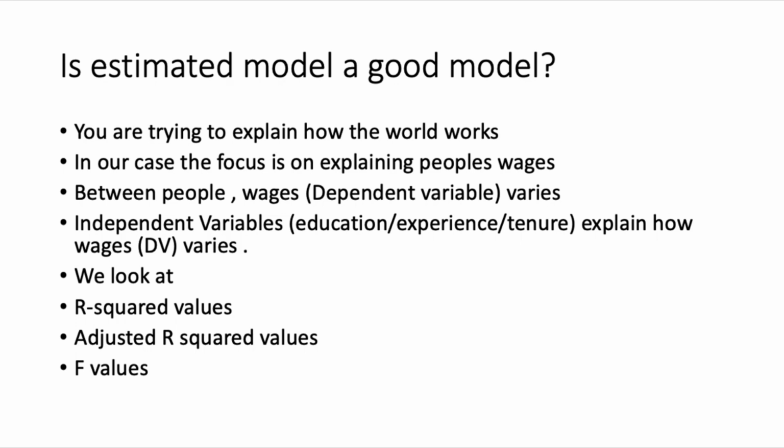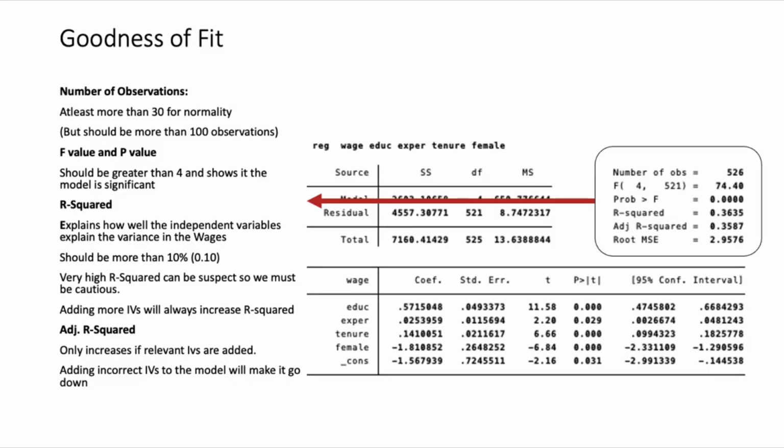In order to see whether our model is a good model or not, we look at the R square, we look at the adjusted R square, and we can actually look at the F values as well. And just like we mentioned earlier, the box on the right, this is a stat output once again, tells you how many observations you're using.